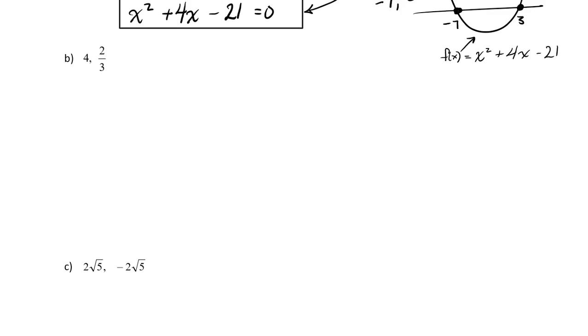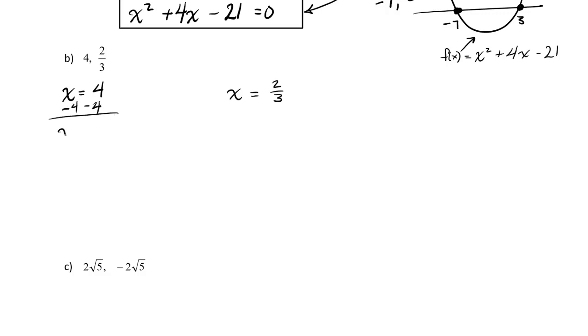Let's look at the next set of solutions. We have 4 and 2/3. First, I set each of these solutions equal to x. So I have x equals 4 and x equals 2/3. Then I bring all my values to one side and set the equation equal to 0.